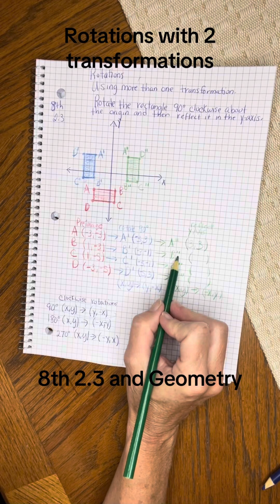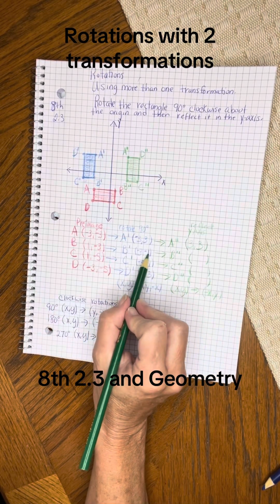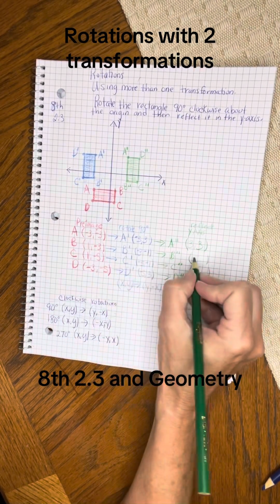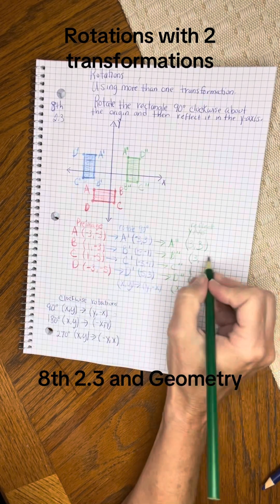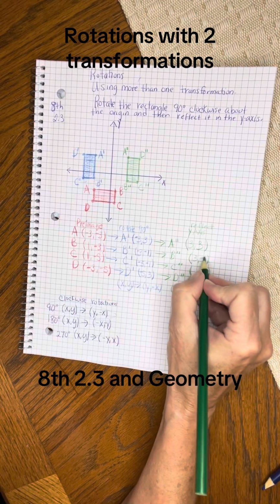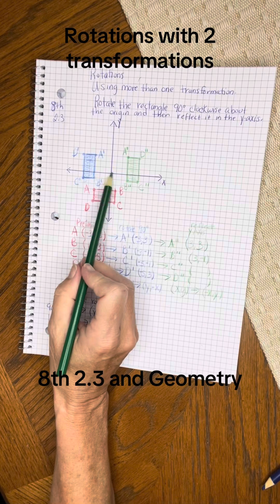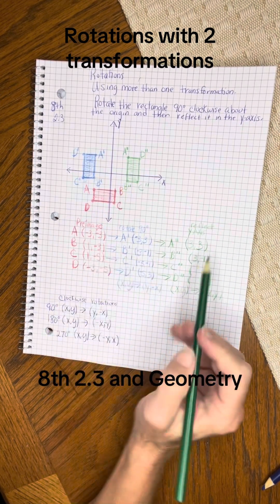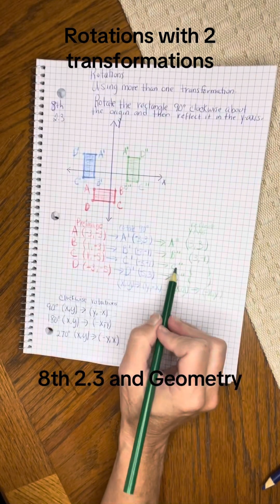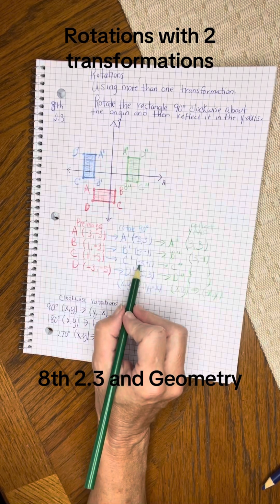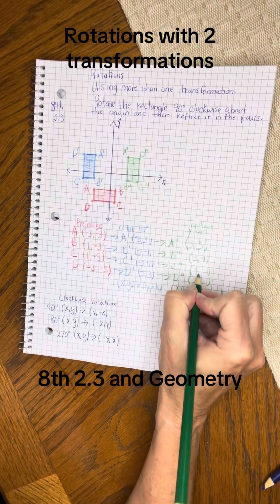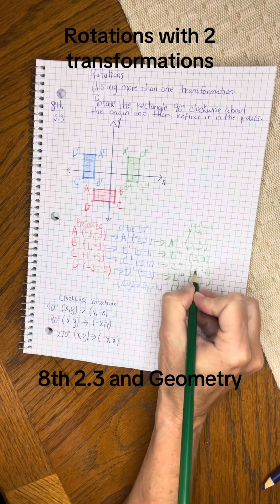For B double prime, a -3, -1 means the -3 becomes +3, and the -1 stays the same. For B double prime, let's see, 1, 2, 3, down 1. That is correct. For C double prime, the -5 becomes +5, and the -1 stays the same.